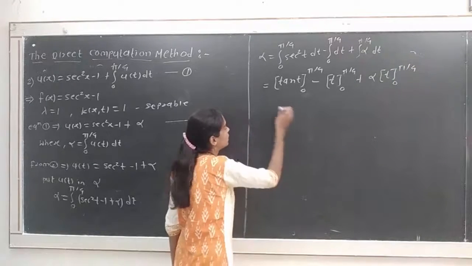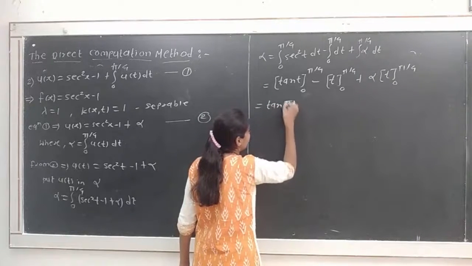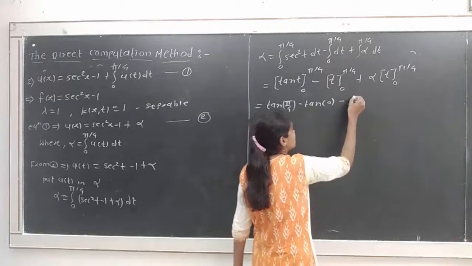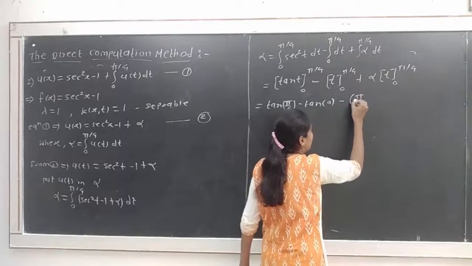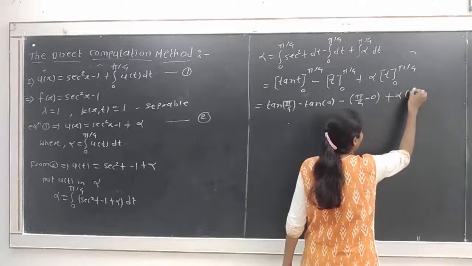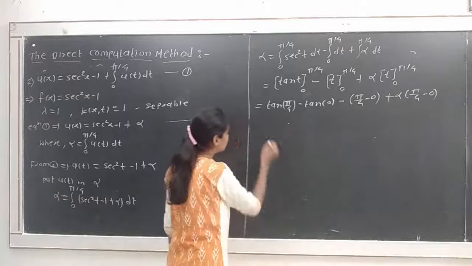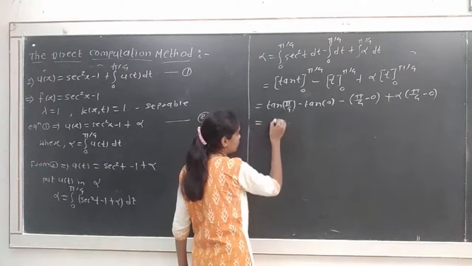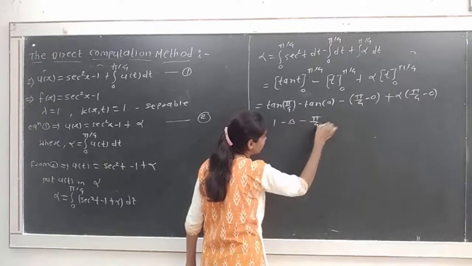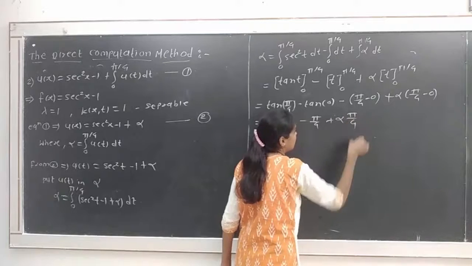Okay. Then we put the limits, we get here tan pi by 4 minus tan 0 minus here in bracket pi by 4 minus 0 plus alpha into pi by 4 minus 0. Okay. Then by solving, tan pi by 4 will be 1, minus 0, minus pi by 4, this will be 0, plus alpha pi by 4.